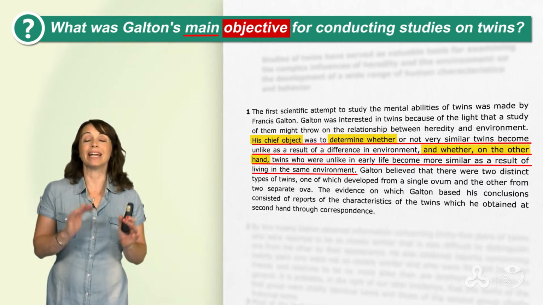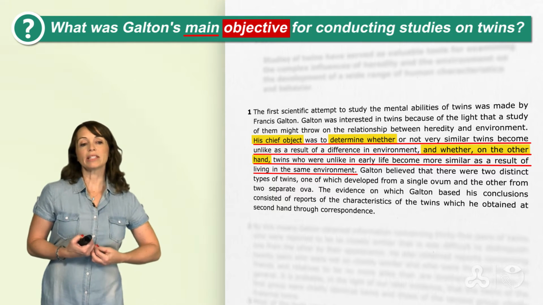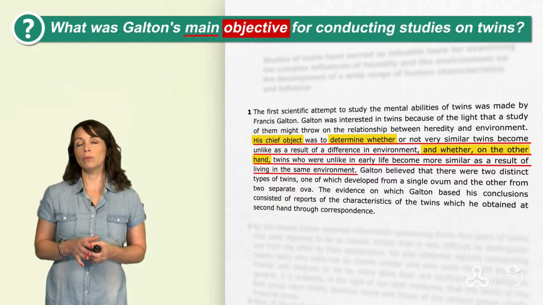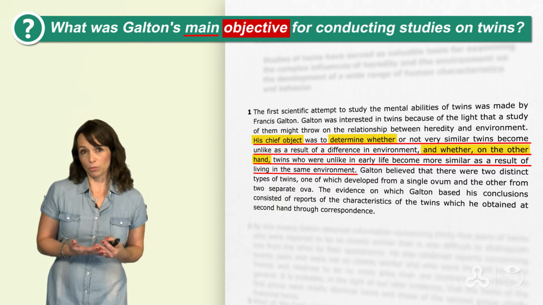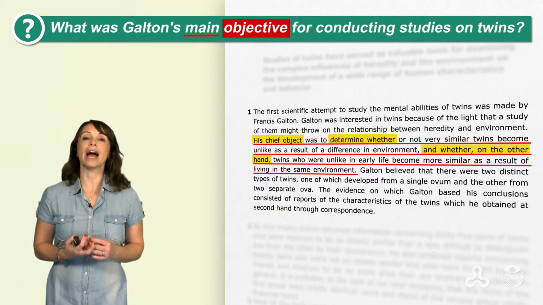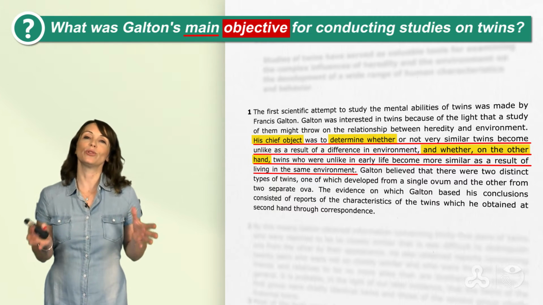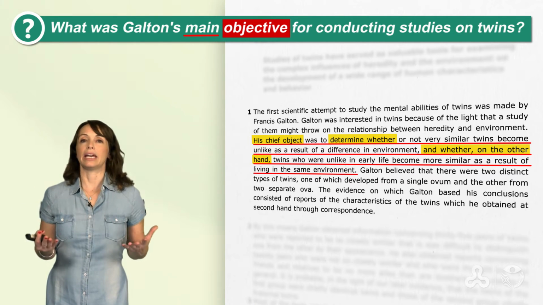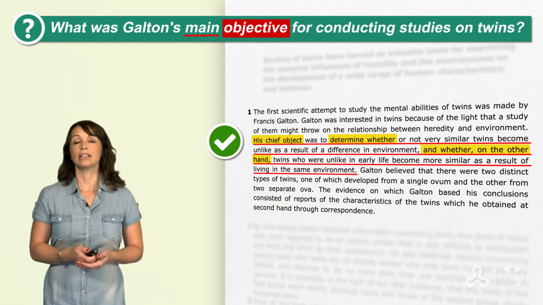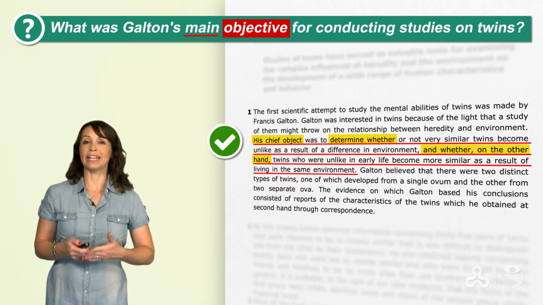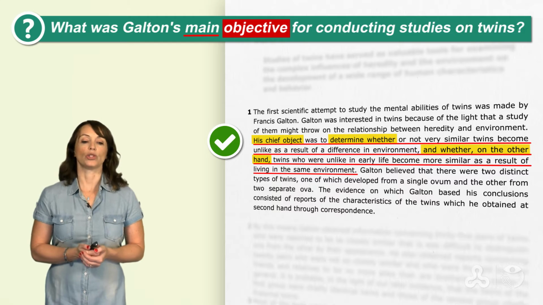And on the other hand, מצד שני, הוא רצה גם לבדוק to see whether, okay, twins who were unlike in early life, תאומים שהם לא היו תאומים זהים, okay, או שהם לא היו דומים בגיל מאוד מאוד צעיר, become more similar as a result of living in the same environment. האם דווקא הם הופכים להיות יותר דומים כתוצאה משהייה בסביבה דומה. Okay, so that is, or was, Galton's main objective for conducting studies on twins.